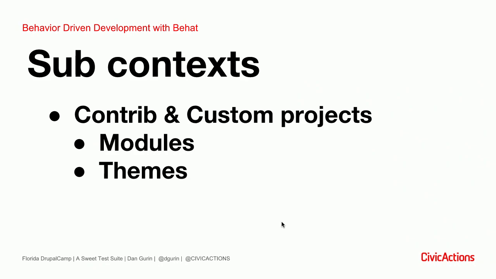You can have subcontexts, so this would be for contrib and custom projects. I don't see a ton of this, but it is possible to add them to your modules and themes. There's documentation in the Behat extension docs for that, if you're a project maintainer or contributor of some sort.